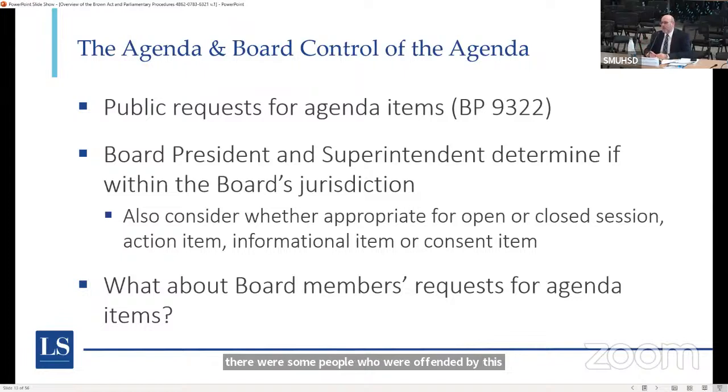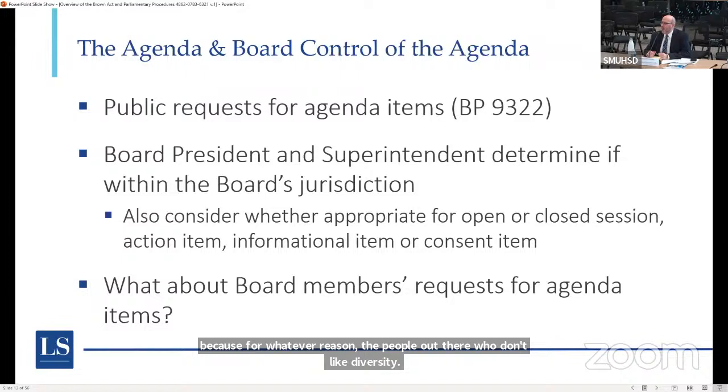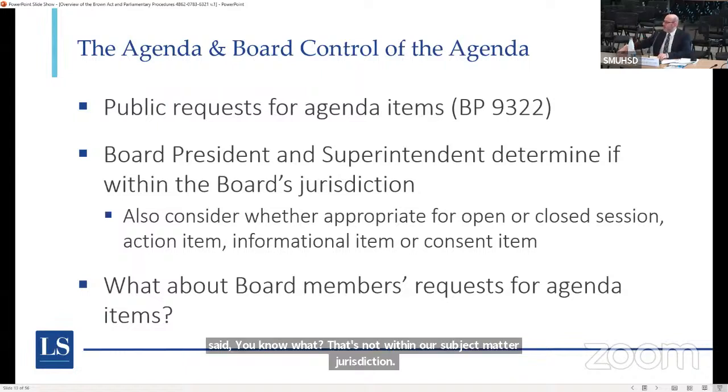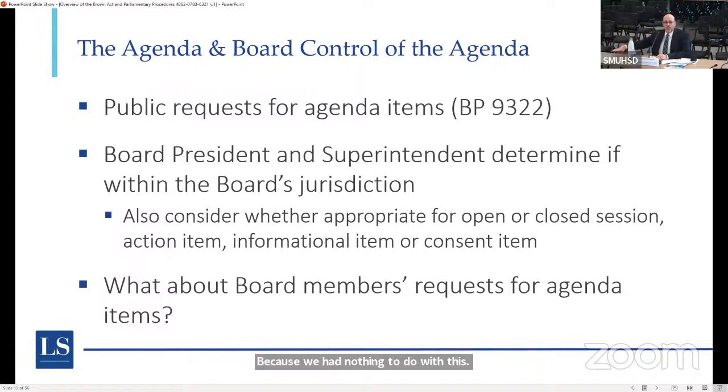So they showed up at a board meeting and they said, aha, we demand that the board consider this and in the future ban it or whatever they're going to do. And the school board did a very clever thing. The school district, the superintendent, and board president said, you know what, that's not within our subject matter jurisdiction because we had nothing to do with this. The school site did that and we give the freedom to the school sites to do that.